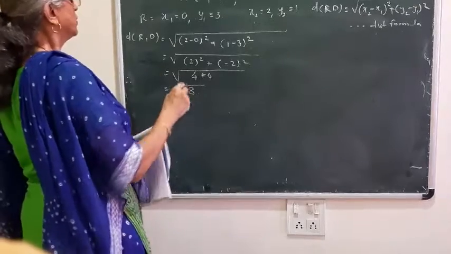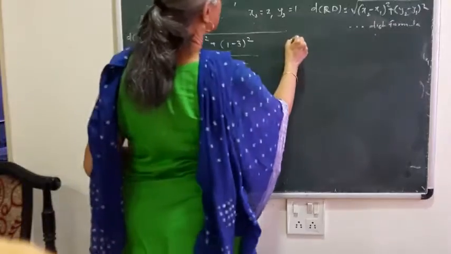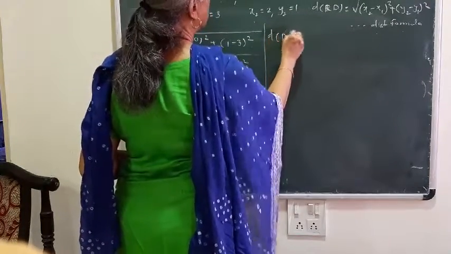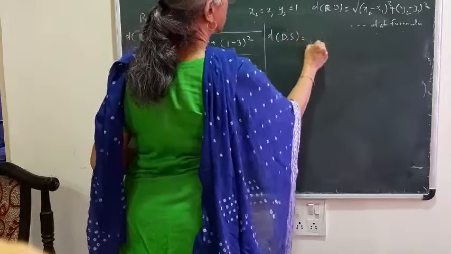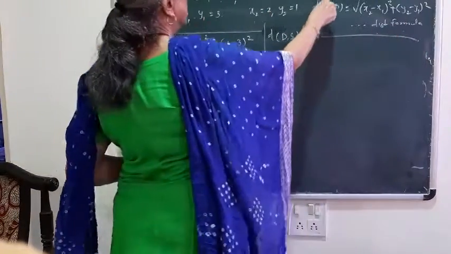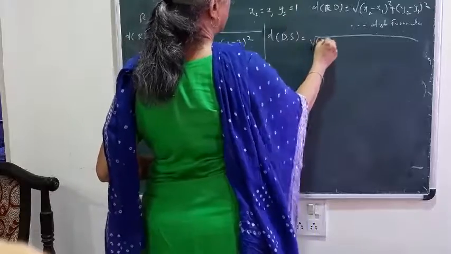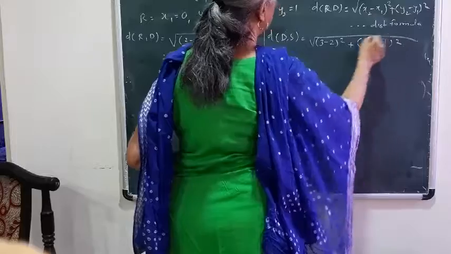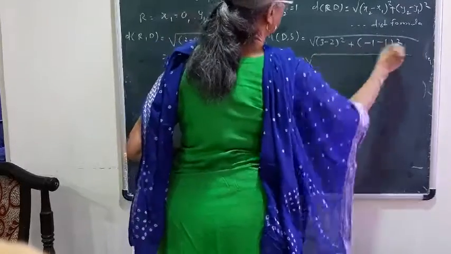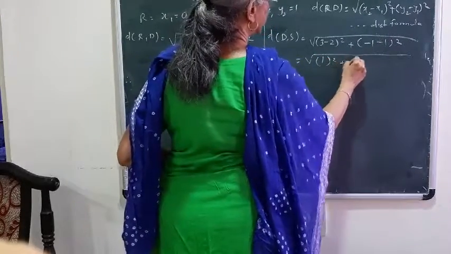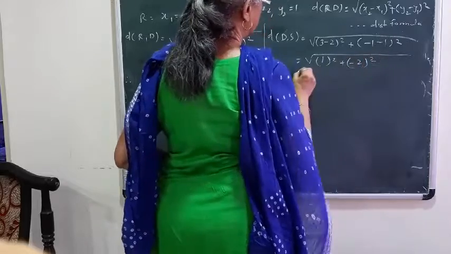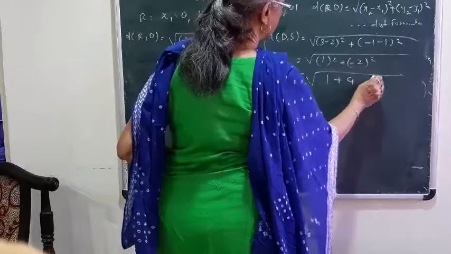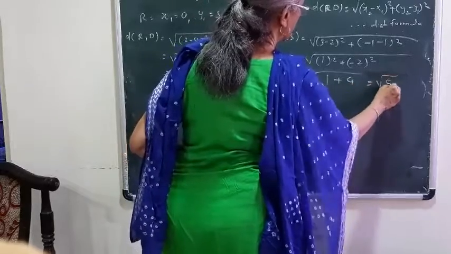Then we are going to calculate distance DS. Again (x2 minus x1) square plus (y2 minus y1) square. So 1 square plus minus 2 square. So it will be 1 square is 1 plus here it is 4. So that will be root 5.